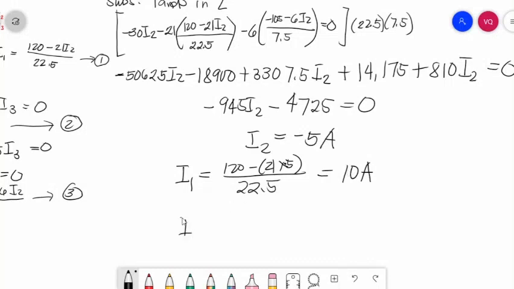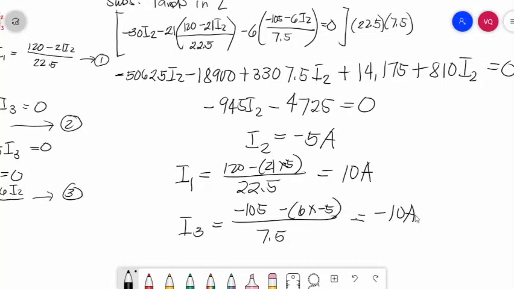Next is I3. Substitute in equation 3. So, negative 105 minus 6 times negative 5, divided by 7.5, equal to negative 10 amperes.